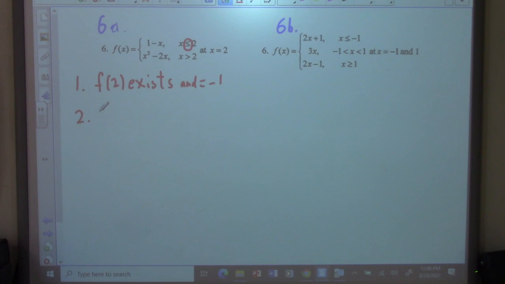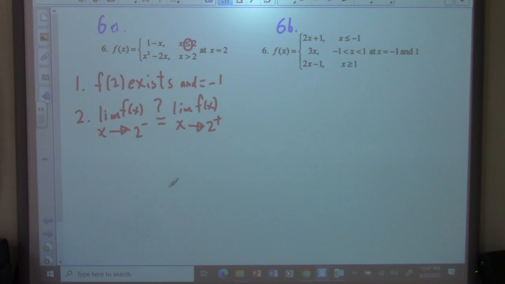Now the limit. Here we don't know the limit yet, do we? Because we've got to match up those two. So I'm going to put the limit as x approaches 2 from the left of f of x equals question mark, and the limit as x approaches 2 from the right side of f of x.